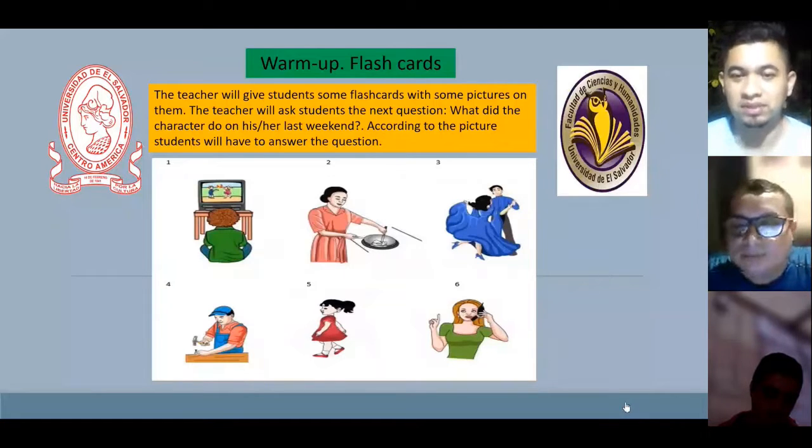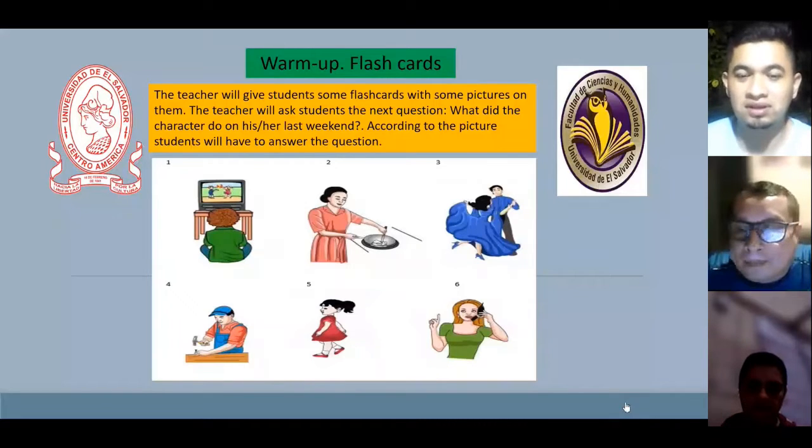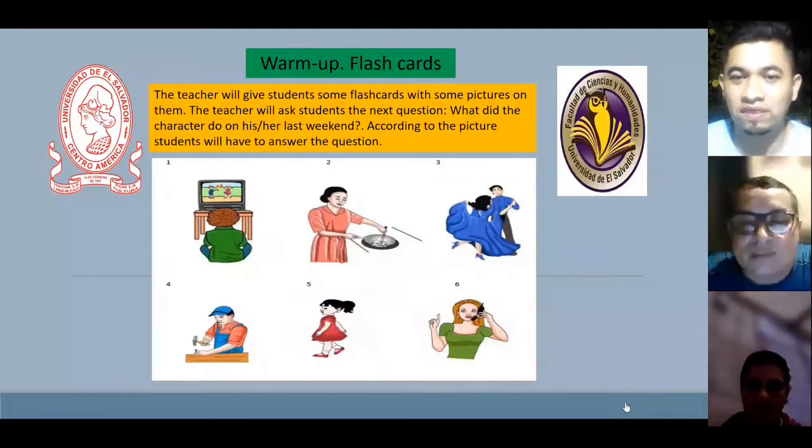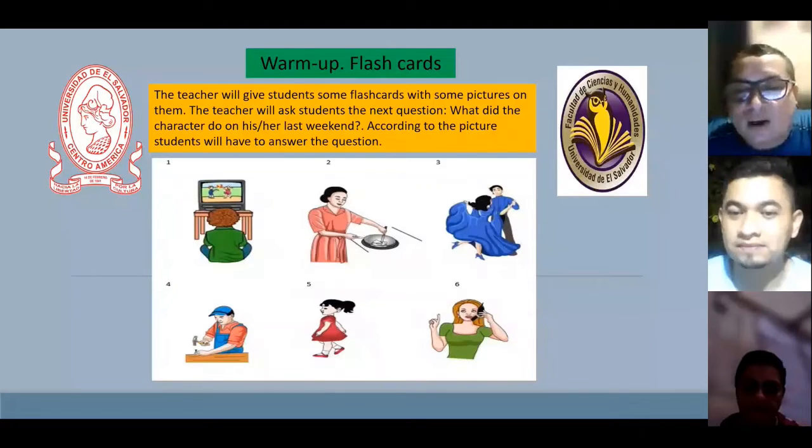Please repeat after me. Cooked. Cook. At the end, it's like a T. Cook. Cooked. Okay. Watched. Watched. Okay. Let's continue. The third image is Juana dances with her boyfriend.